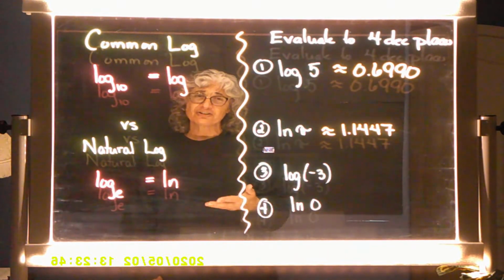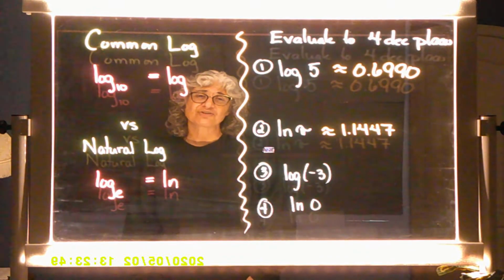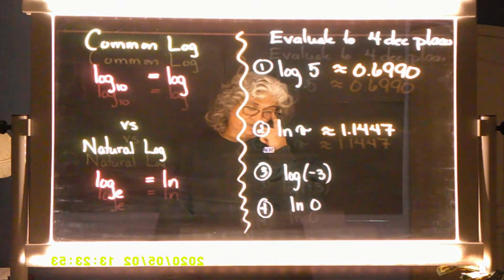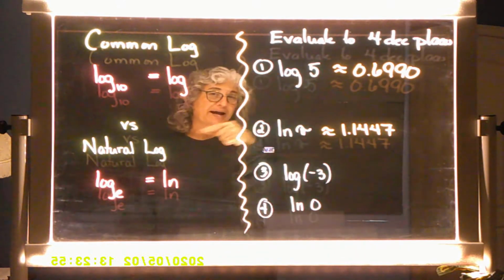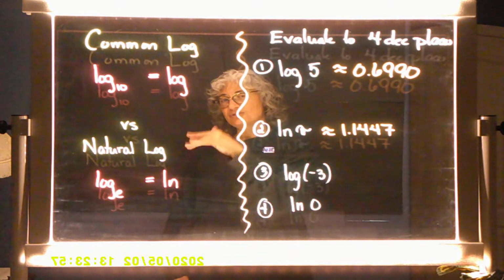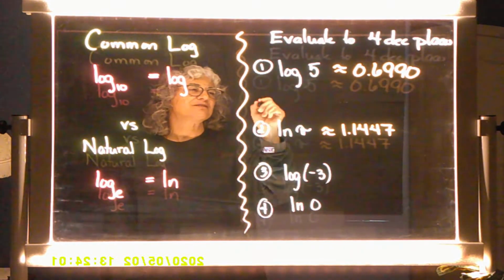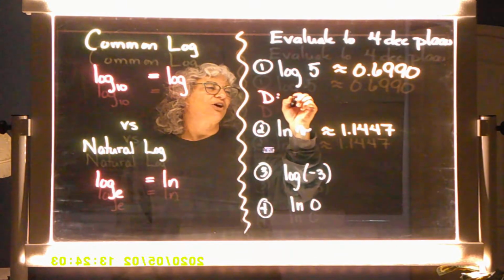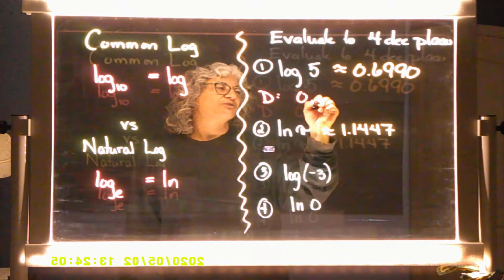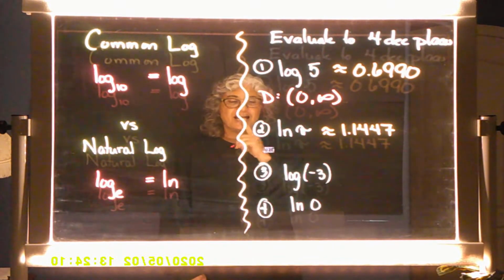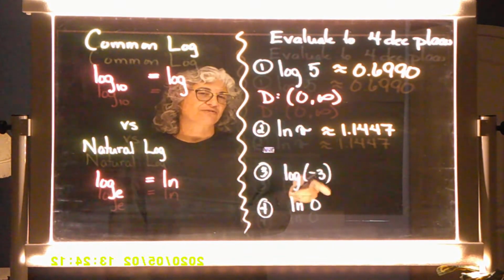What? You got an error? Why would you get an error? Oh, wait. Okay, back just a minute or 2 ago. What did we say the domain of a log function was? The domain of a log function was from 0 to infinity, not including 0. And I'm trying to take the log of a -3.